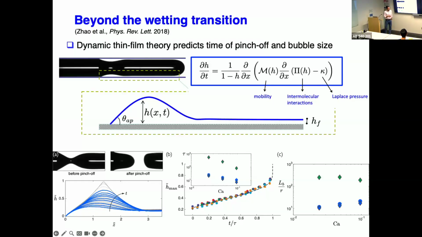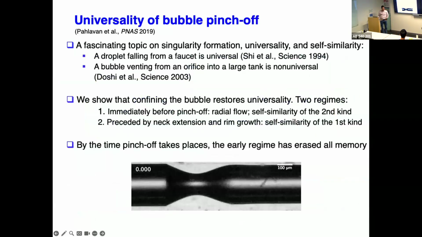It has some additional features because you have an additional curvature here that you didn't have on the flat surface. But the model predicts quantitatively this mound of fluid increasing over time, and then universally leading to pinch-off of the slug of invading fluid that forms. And that agrees quantitatively with the experiments.